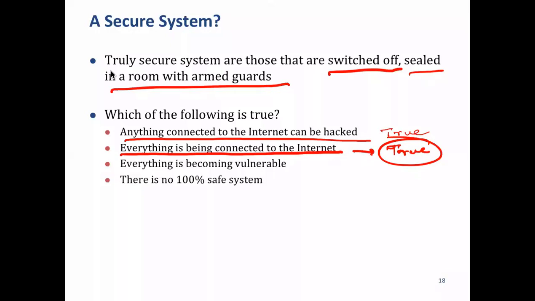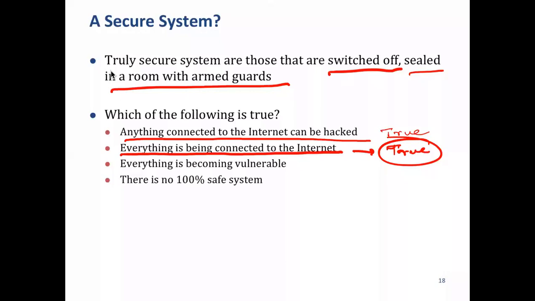Which the microprocessor will control, because we want comfort and easy controllability. And then of course internet is becoming omnipresent, so these are connected to internet. So everything that we use is going to be connected to internet.